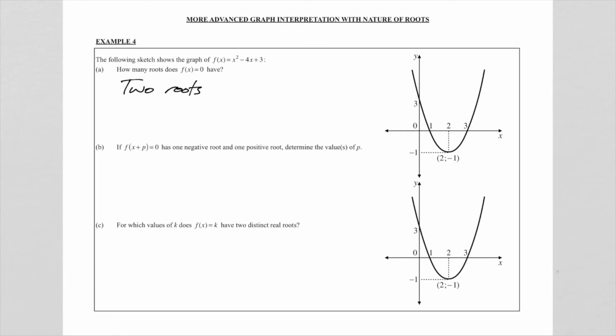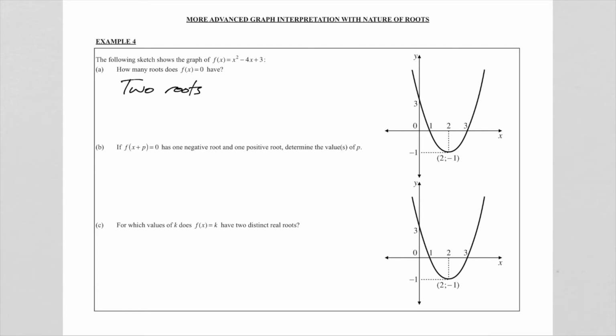But important, we can't move it more than 3 units to the left, because then this x = 3 will also become a negative root. So it is quite clear that we need to move more than 1 but less than 3 horizontally. And the unknown that we are looking for is that x + p, which refers to our horizontal shift.